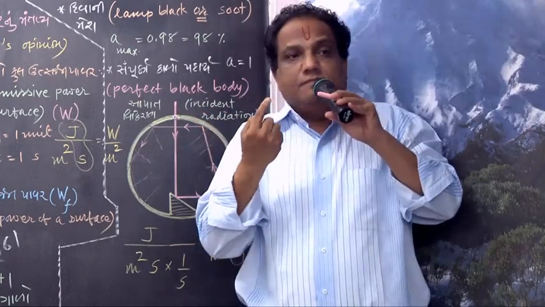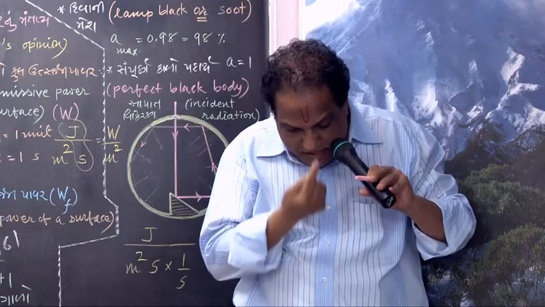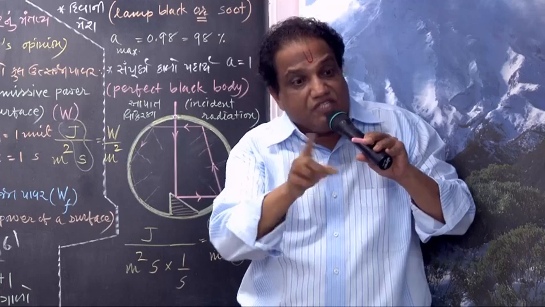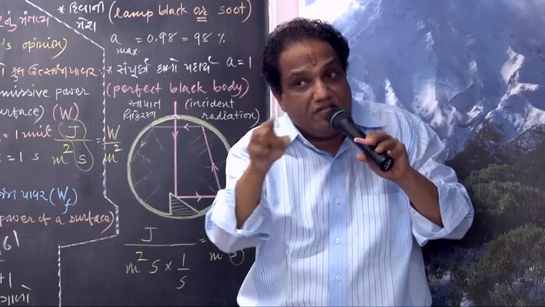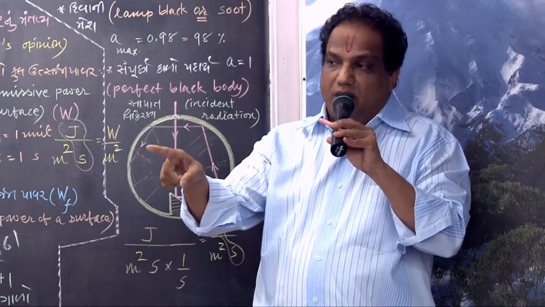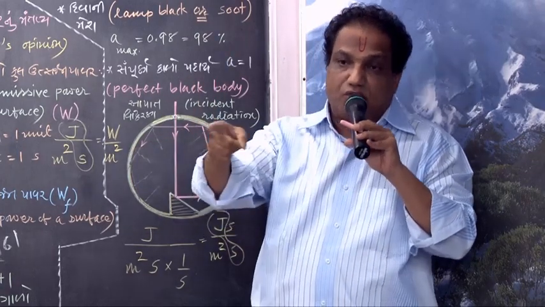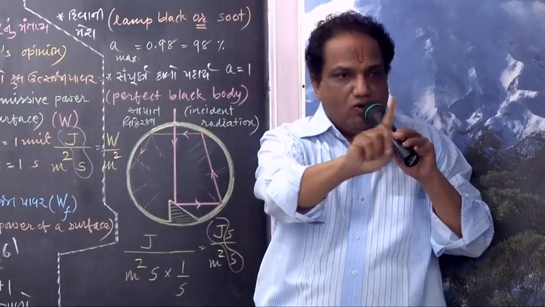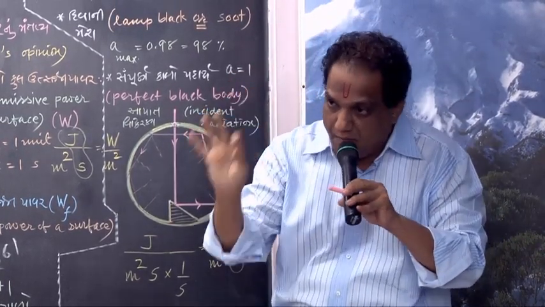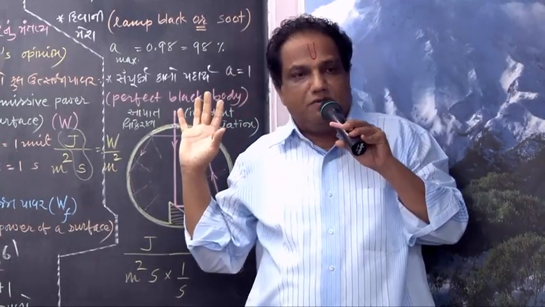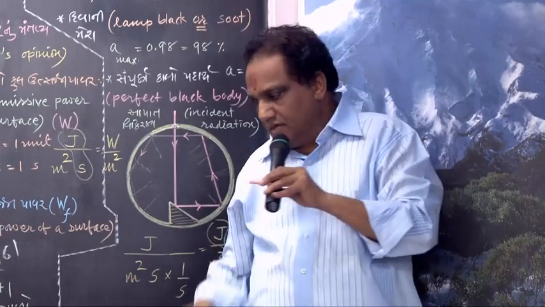That emitted radiant energy may enter the observer's eye, and depending upon which frequency is present in the radiation, he will find the color of that body. So if you try to see a perfect black body using emitted energy, then it will not be found black. Got it? A perfect black body need not appear black.